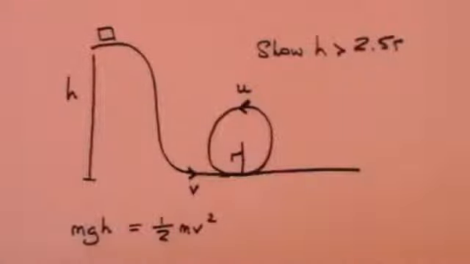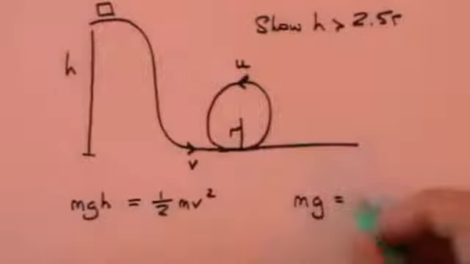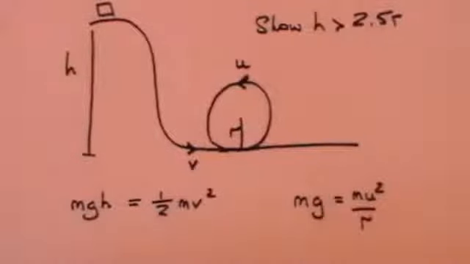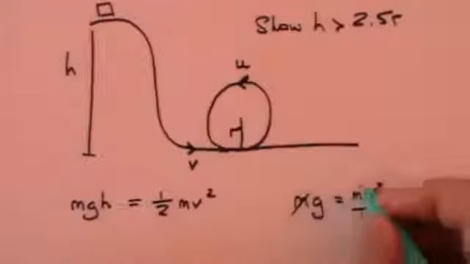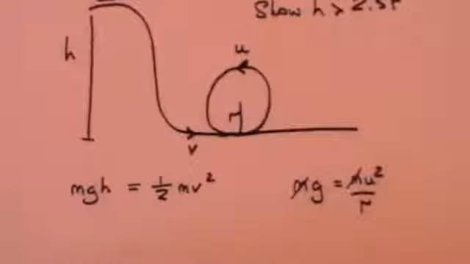Basically, the gravitational force must equal the centripetal force, which means that mg, the mass of the car times g, must equal the centripetal force, which is mu squared divided by r. The m's cancel, and that gets you the formula that g is u squared over r.